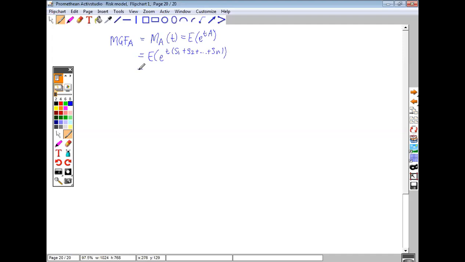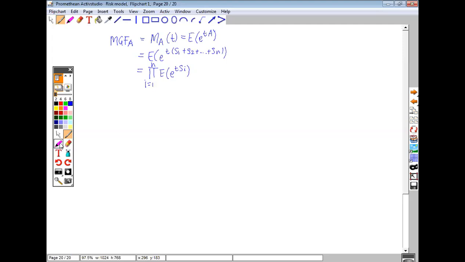And again, I know that these are independent of each other, so I have the product, i going from 1 to n, of the expectation of e raised to t times Si. Is this clear to everyone up until here? Yes, ma'am.